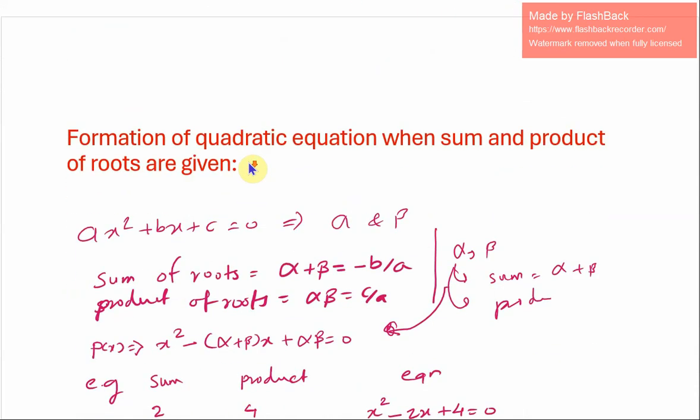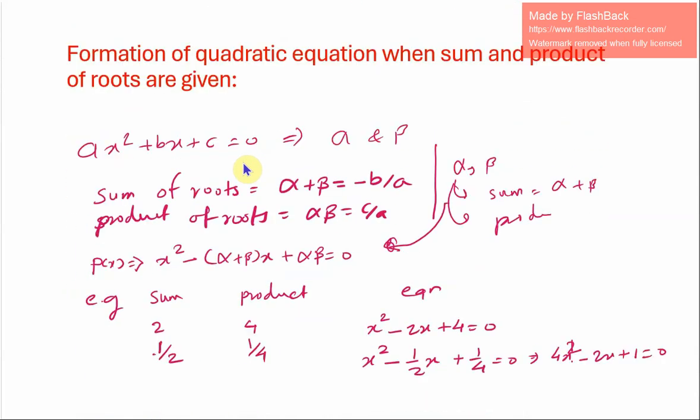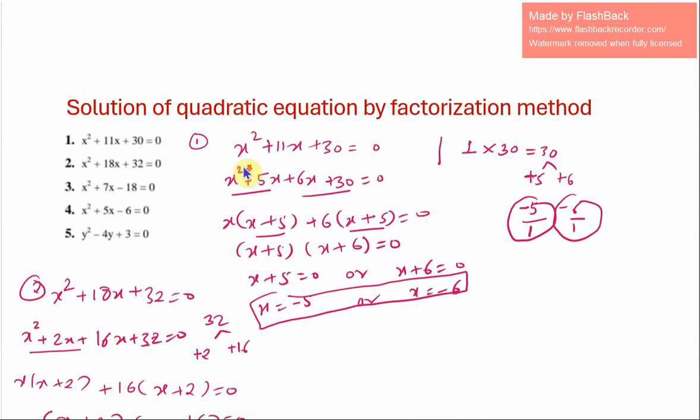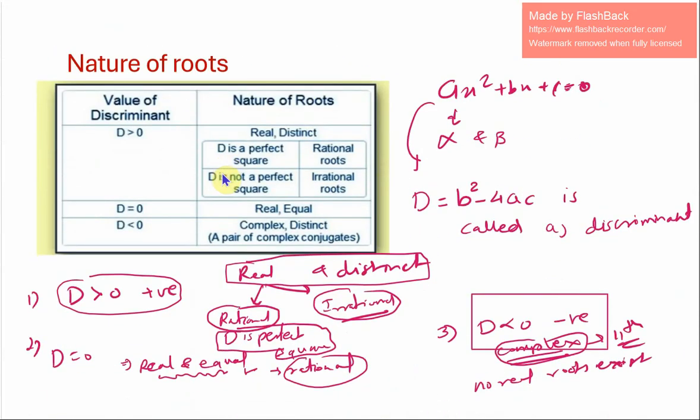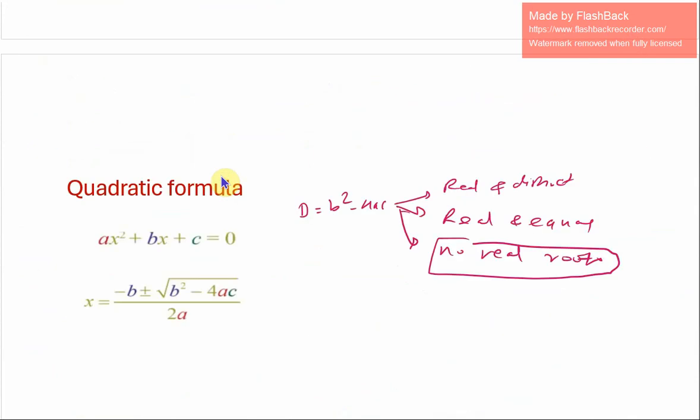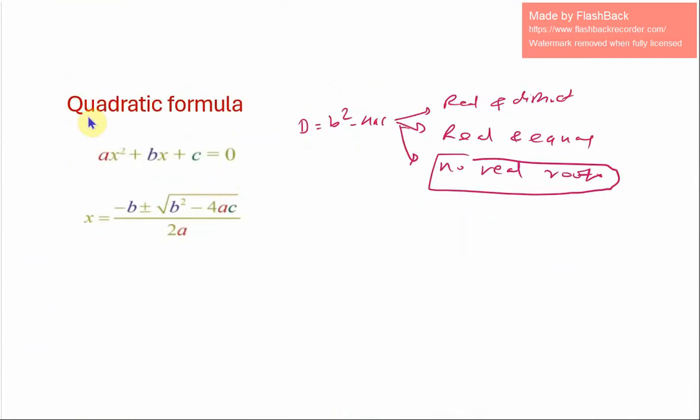In the next topic we discussed how to find a quadratic equation when the sum and product of roots are given. The next topics were solution by the factorization method, the nature of roots depending on the value of the discriminant, and at last we studied the quadratic formula and solving quadratic equations using it.